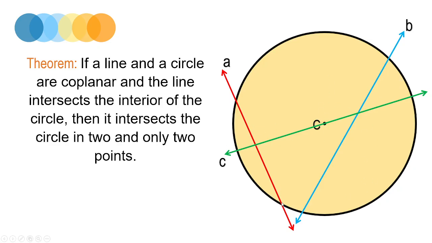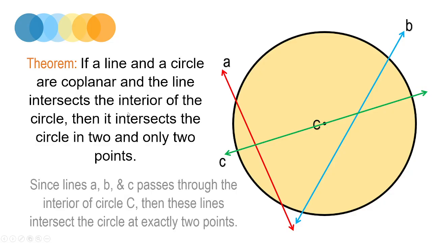We see here that the red line passes through two points only. Similarly, the blue line also passes through two points, and the green line also passes through two points. And that is what the theorem is all about.